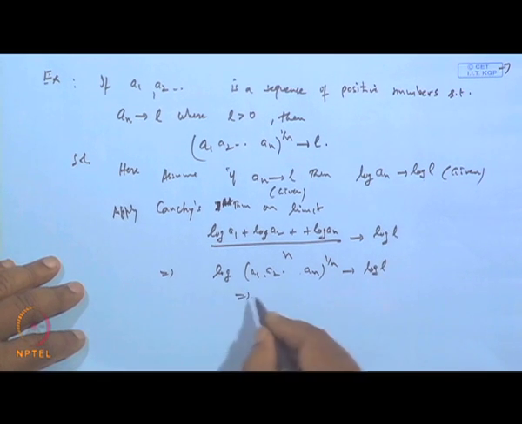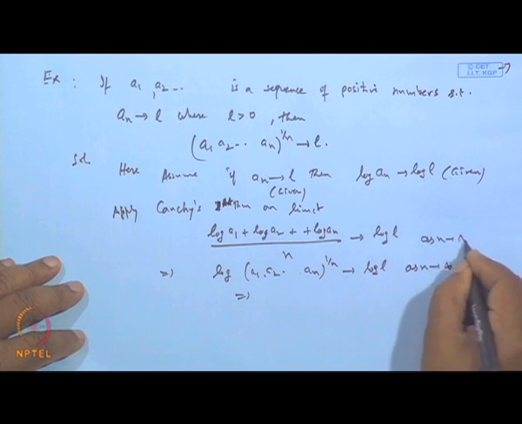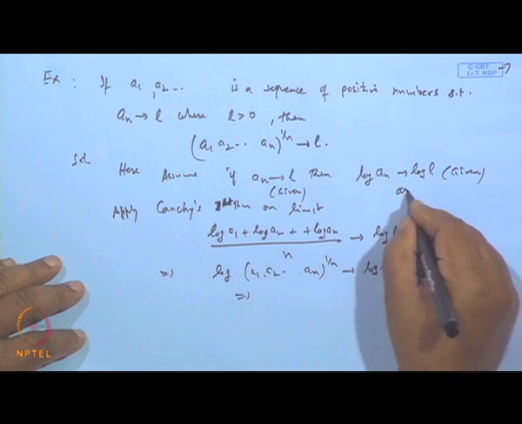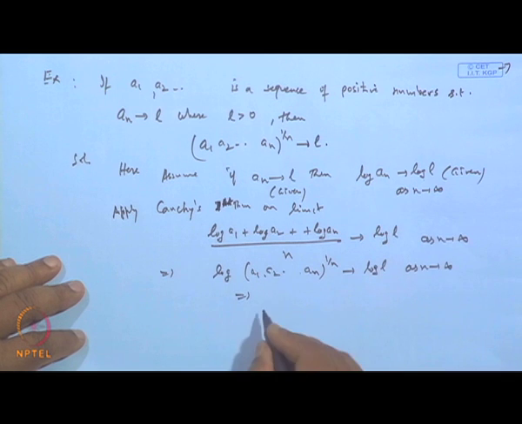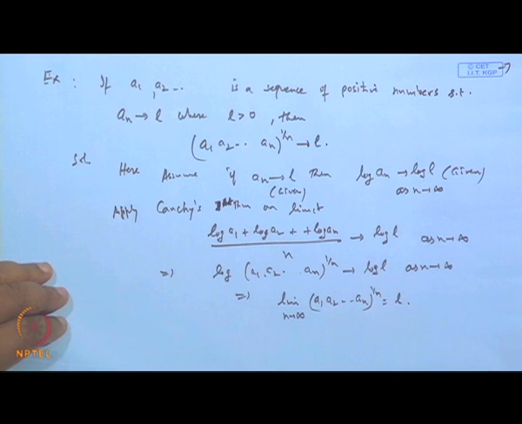So, this shows that as n tends to infinity, the limit of (A1 A2 ... An) raised to the power 1 by n will be L, and that proves the result.